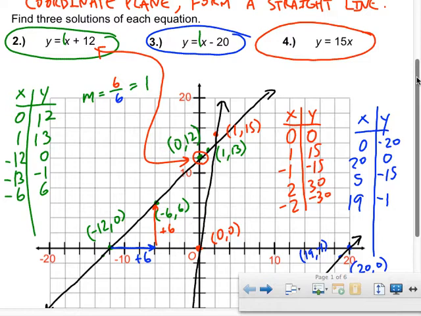do we call that? What type of relationship is that if it goes to the origin? Proportional. Relationship. And here's something I need you guys to know.